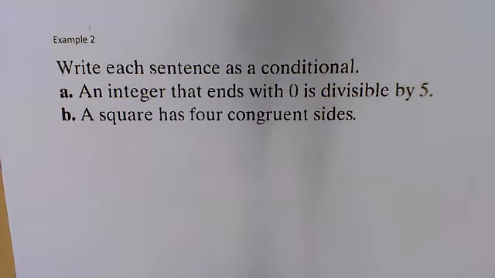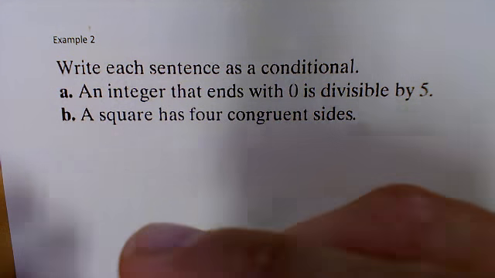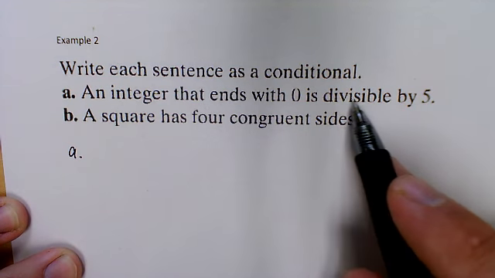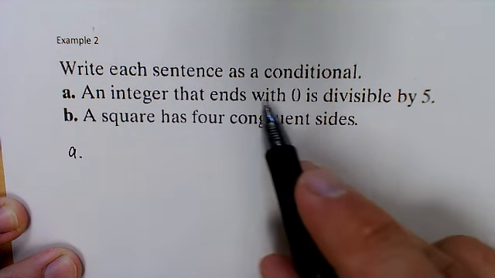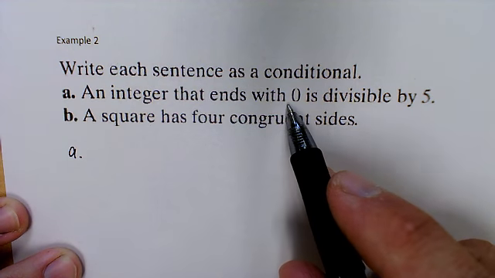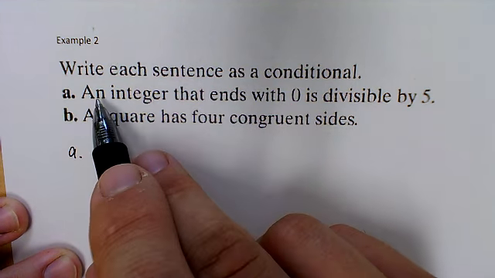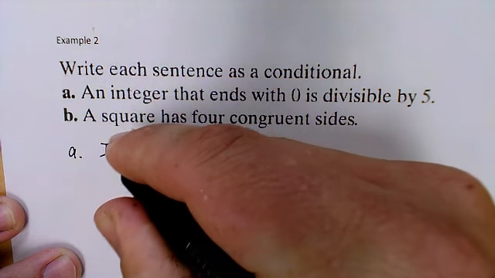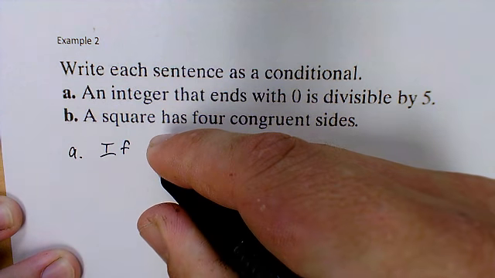So on this next one, what we're going to do is break down each of these statements and make a conditional out of them where I write it in if-then form. So on the first one, an integer that ends with 0 is divisible by 5. The first part of the statement, the subject with any prepositional phrases, is actually going to be your hypothesis. So if an integer ends with 0 is my condition. That's my hypothesis.